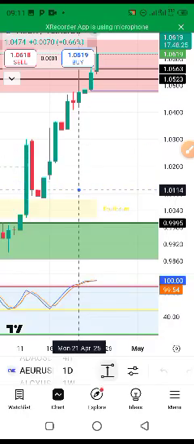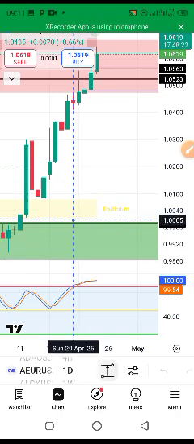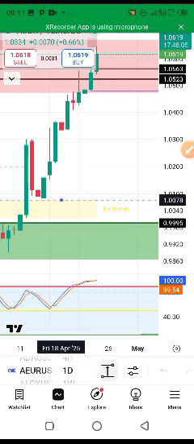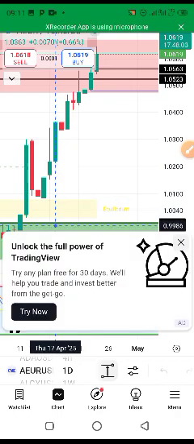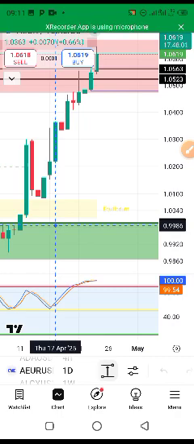Then we tap from where we want to enter the market. Yes, we tap there, then we scroll down.